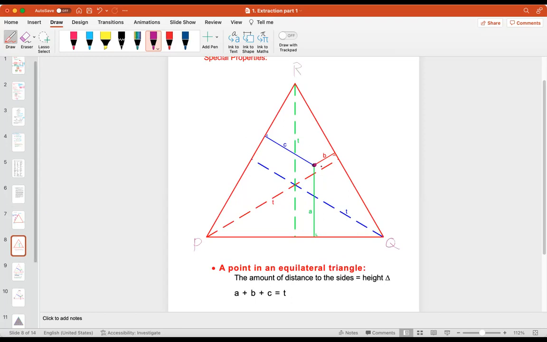Now, at this point X, for example, the question is how many percent of P, how many percent of Q, and how many percent of R. The sum of them is 100%. So once you know the percentage of P and the percentage of Q, you can find R by subtracting them from 100%.